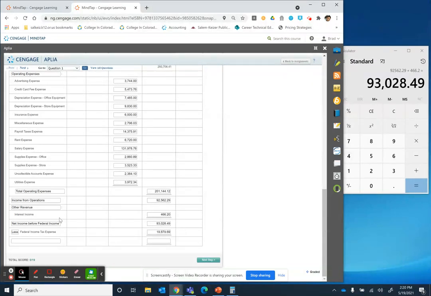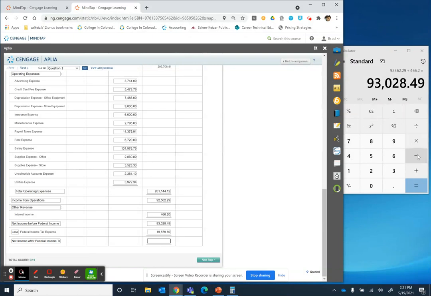We'll subtract the net income before federal income tax minus how much we had planned, and that's going to give us our net income after federal income tax.